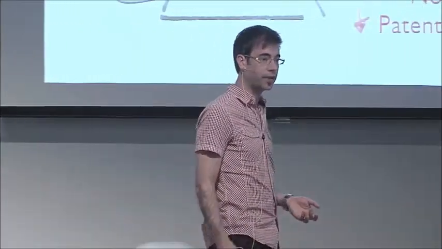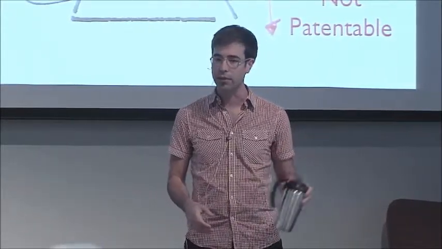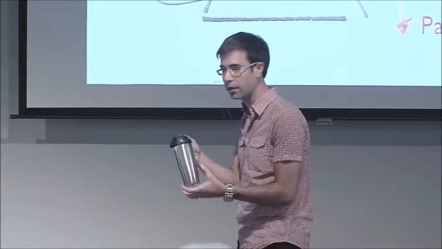And this is what I'm trying to show over here. That you could take just about anything and say, this is patentable. And you could say the same exact thing, it's not patentable. And you could say that patent would be incredibly valuable. And you could say that patent would be absolutely worthless. And yet I'm talking about the same thing.